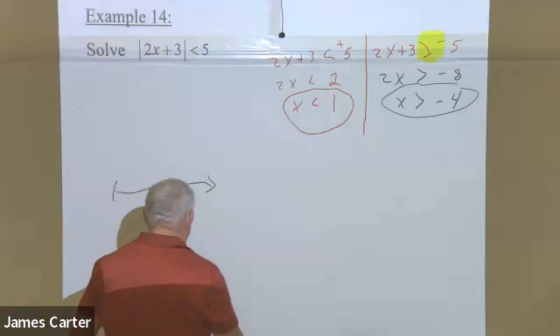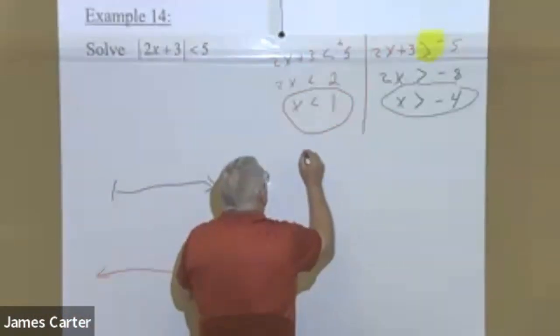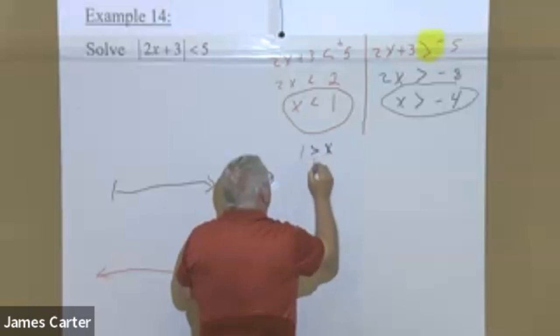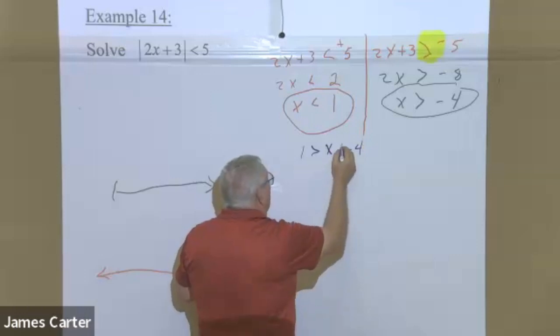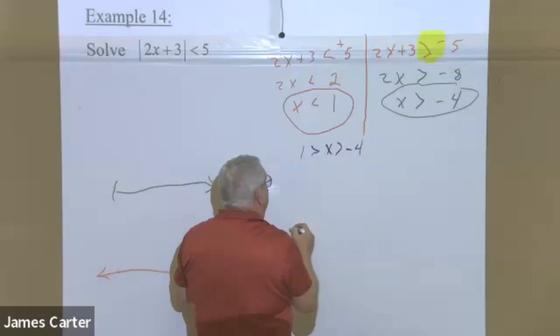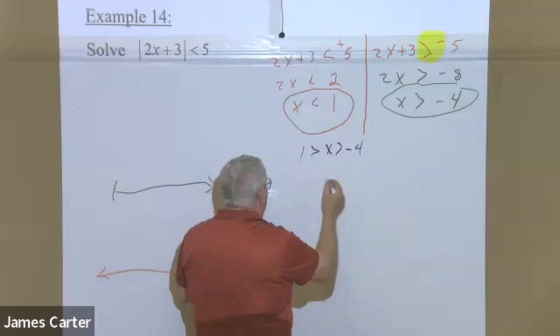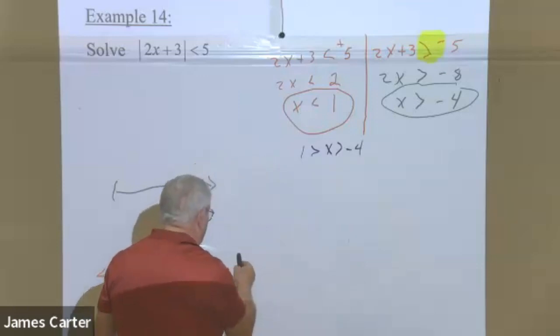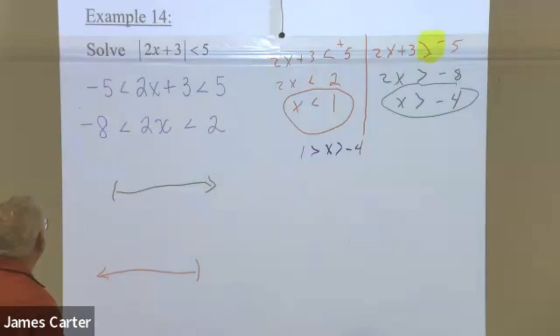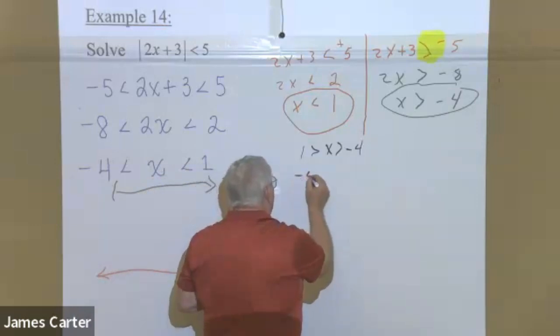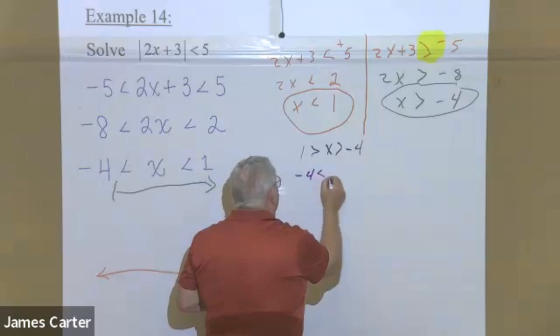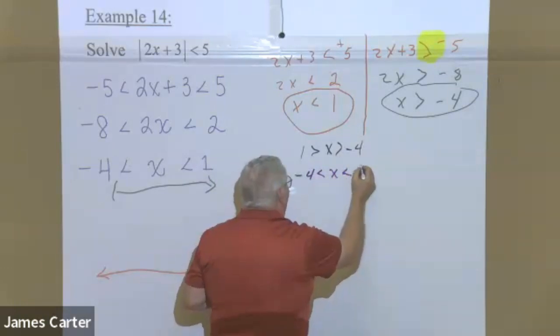Now, let's do a test. If I flip this one, 1 and x, then I've got to change the direction here. And technically, I would have this also. But would that be a true statement? Well, if we flip both of these, then this would become -4 is less than x is less than 1.